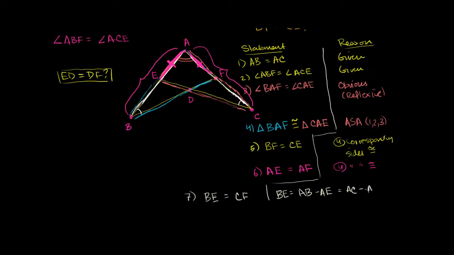AC minus AF is the same thing as CF right over here.